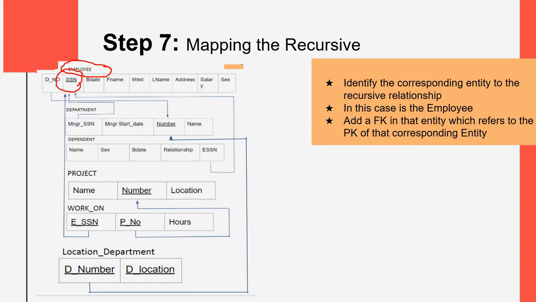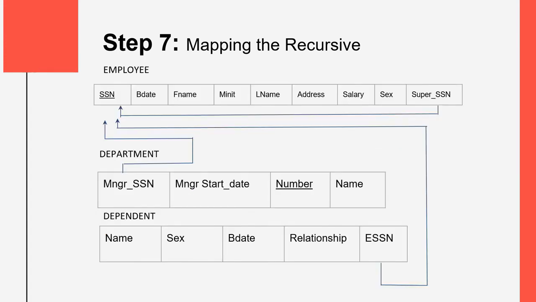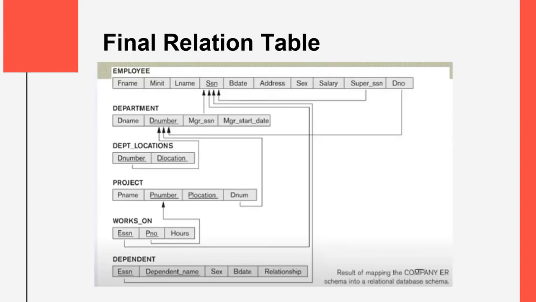So we identify the corresponding entity, which in this case is the employee, as the FK entity which refers to the PK of the corresponding. So the PK is the SSN. So here we add the super SSN. So this is the foreign key, and we link it to the primary key. Alright, so this is the output.